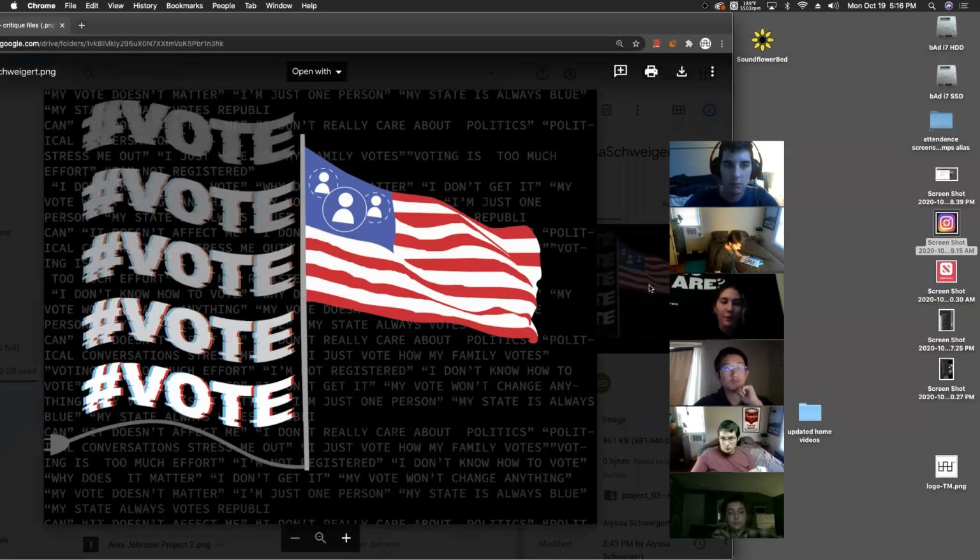Okay, so my concept is about how social media has encouraged our age group to be more involved in politics and voting. Right now I have the flag, which is going to symbolize younger people actually voting, and I'm going to put text in it eventually.